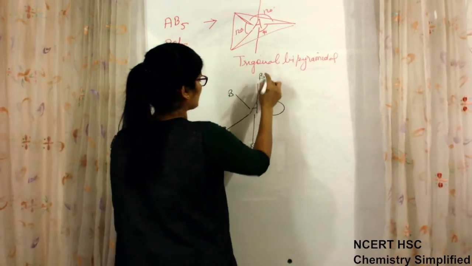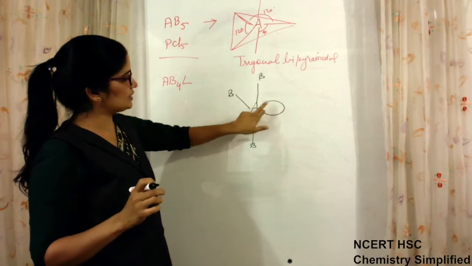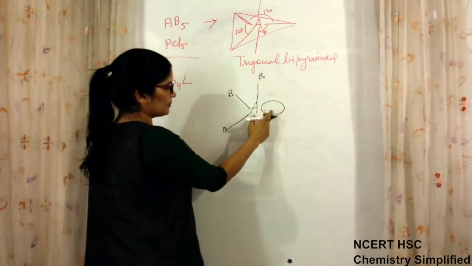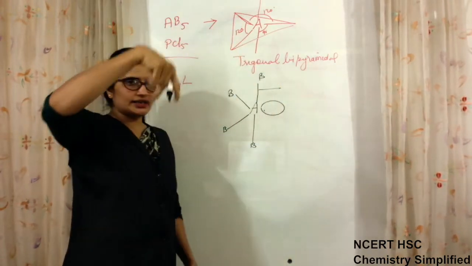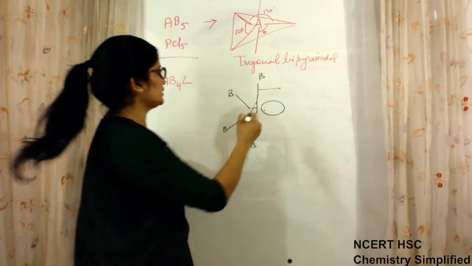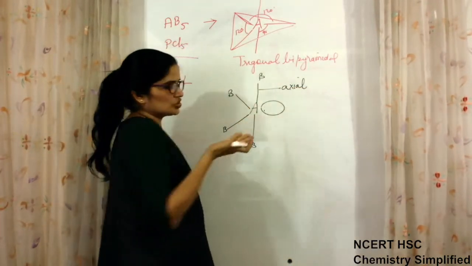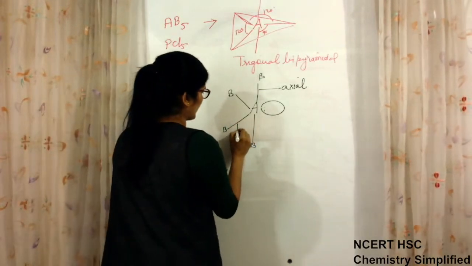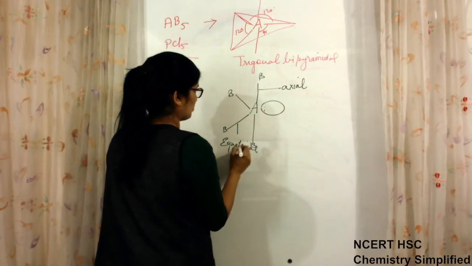Any of the 3 bonds, anywhere at one place, a lone pair can be present. These positions which are at 90 degrees above the plane and below the plane are known as axial positions, and these positions in the plane having 3 bonds at 120 degrees are known as equatorial bonds.